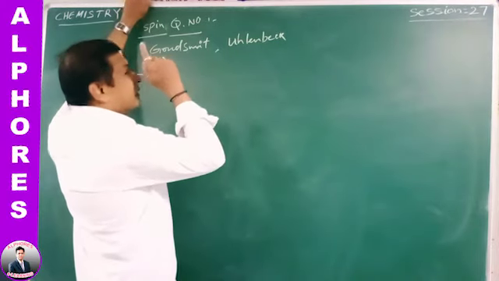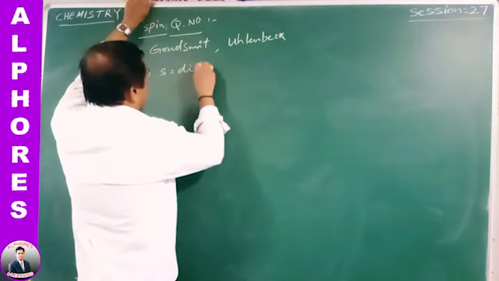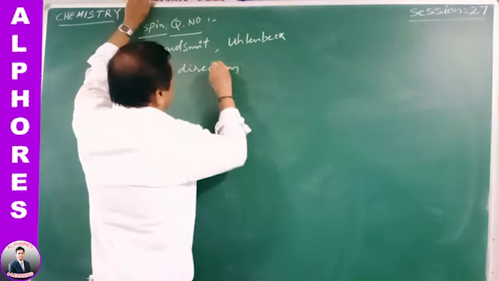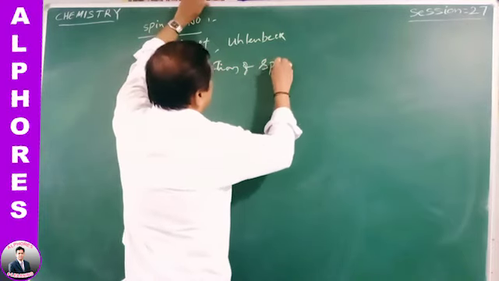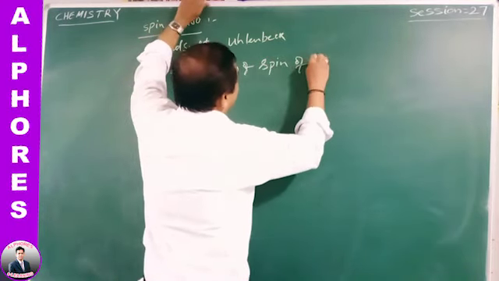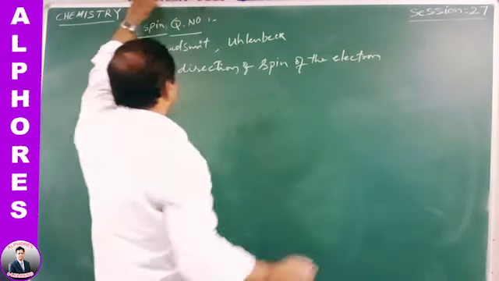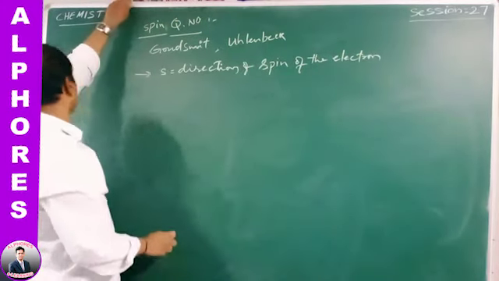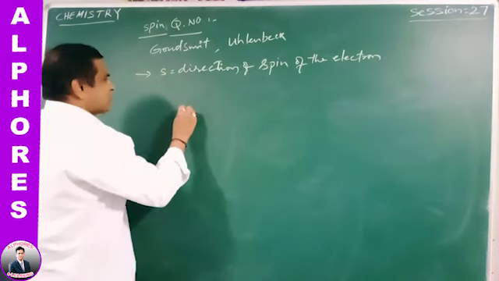The spin quantum number explains the direction of spin of the electron. What is the direction of the spin of the electron?